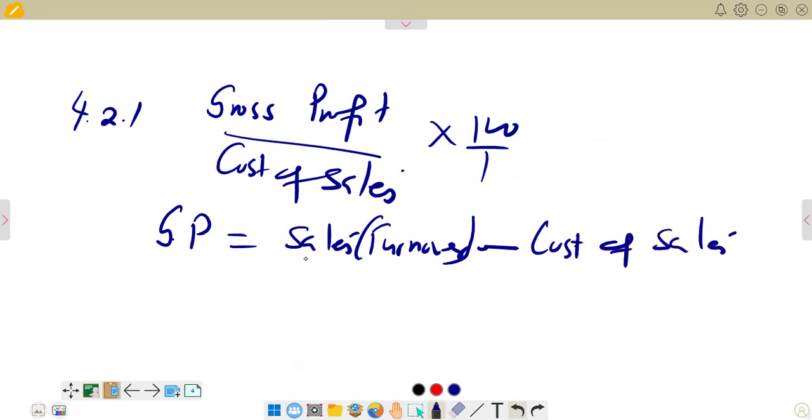So in the question, we do not have gross profit, so we first calculate our gross profit.